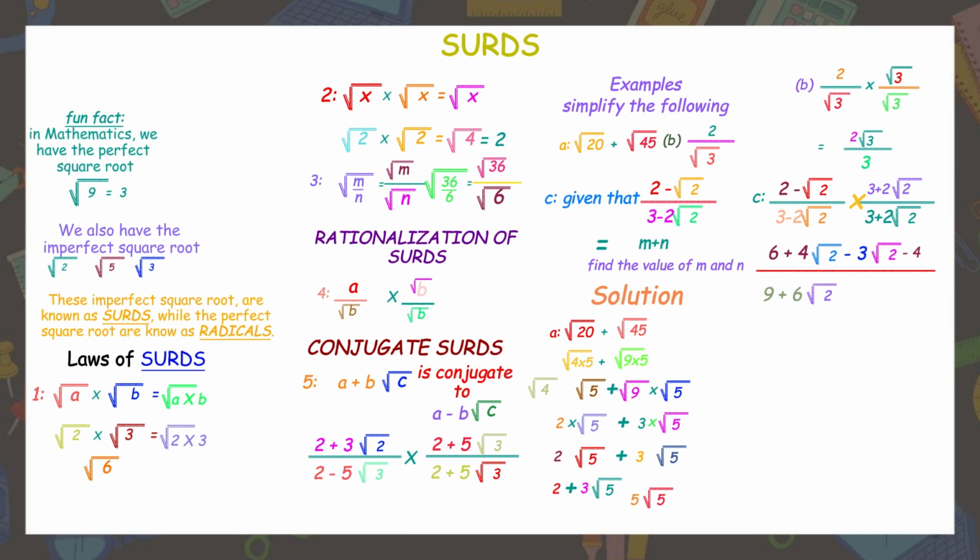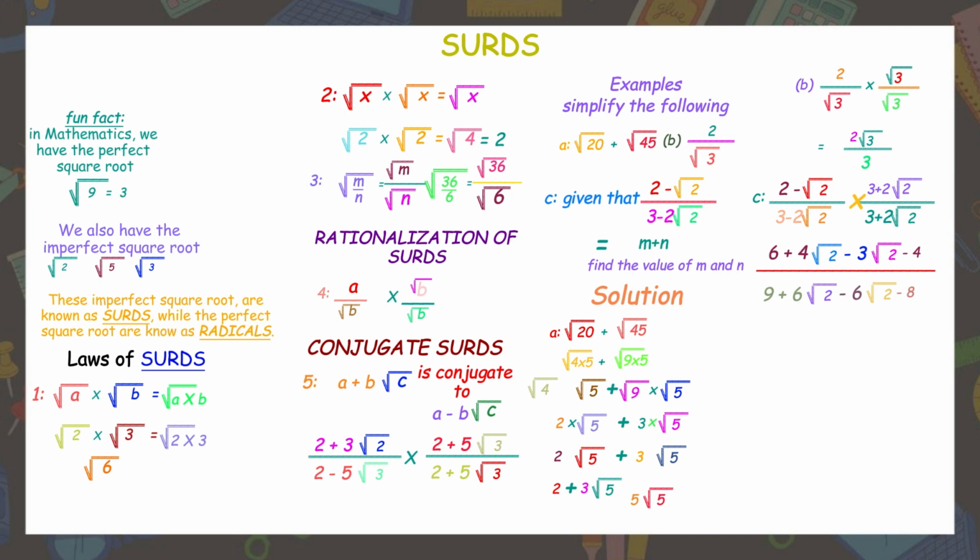So we come to this, minus 2. This one is negative, this one is positive, so it will be minus. This one will give us 6 root 2. So minus 2 root 2 times plus 2 root 2, minus 2 times this will also give us a minus. 2 times 2 will give us 4.